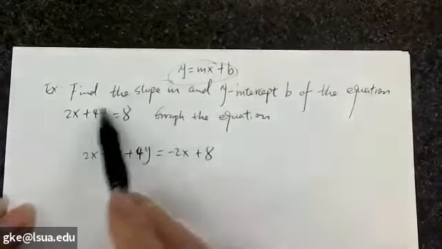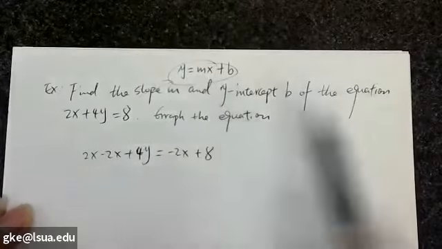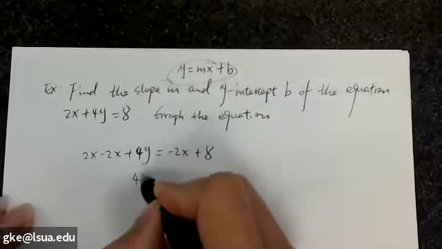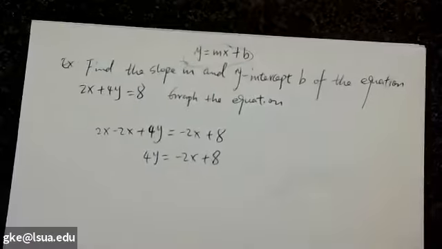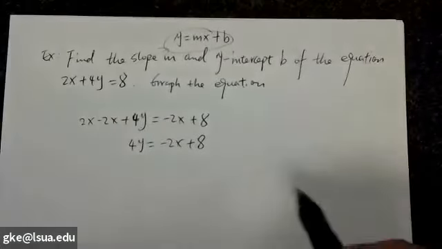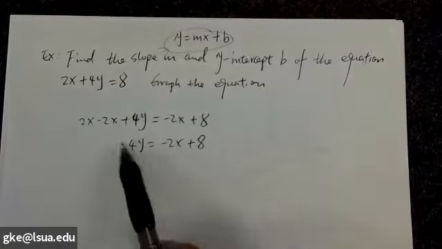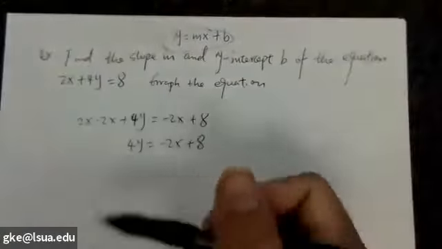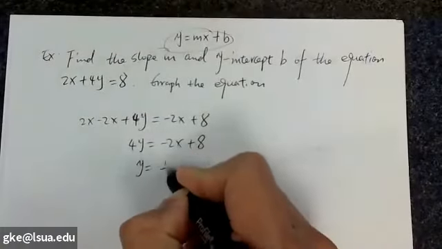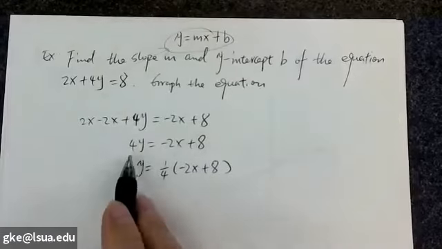We want to move the x to the right-hand side, right? So here is 4y equals negative 2x plus 8. And then what are we going to do? Divide by 4 on both sides. We want to keep the coefficient of y equal to 1. Divided by 4, here's 1.